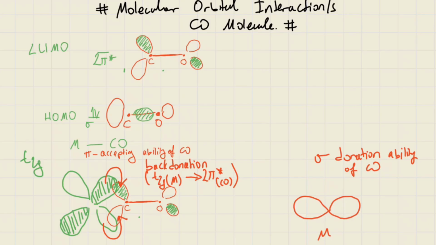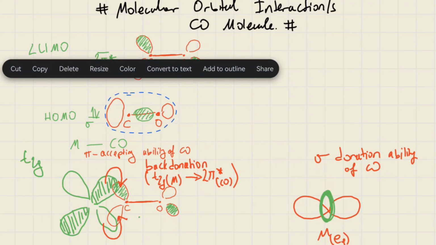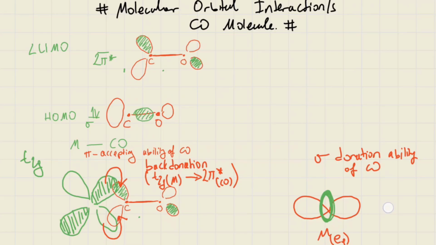If this is the dz square orbital, it has this kind of shape. But the x square minus y square orbital can also interact. Therefore, I will call these orbitals eg orbitals, and eg orbitals can interact with the CO molecule.